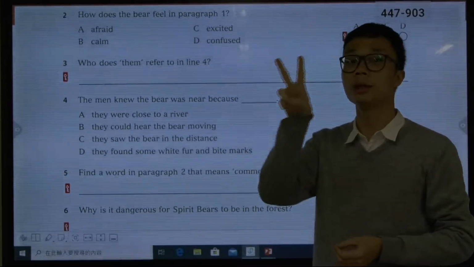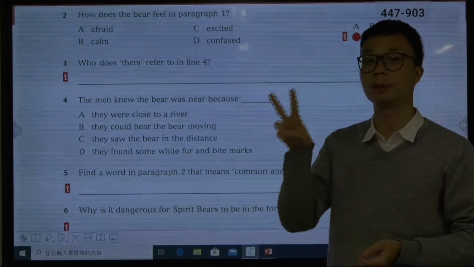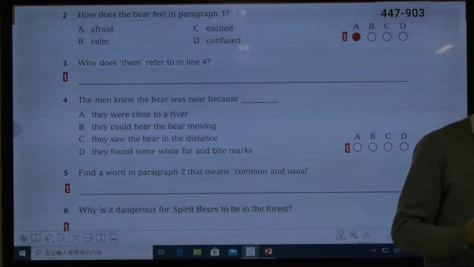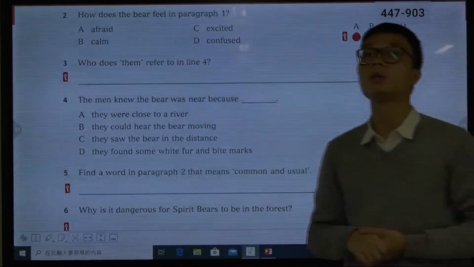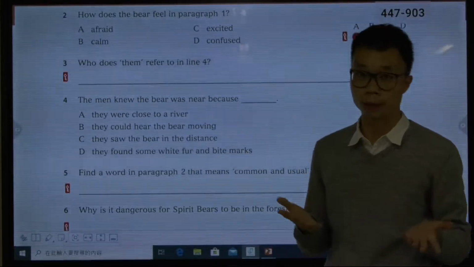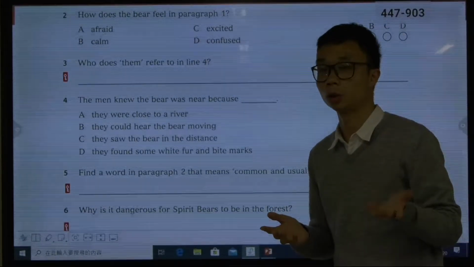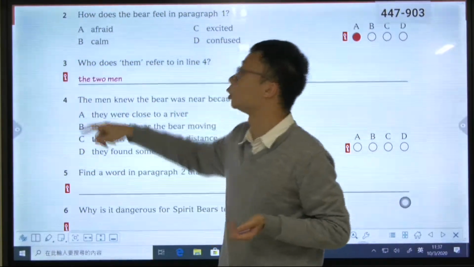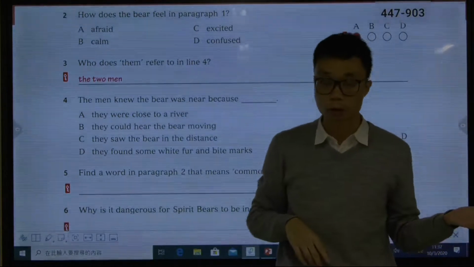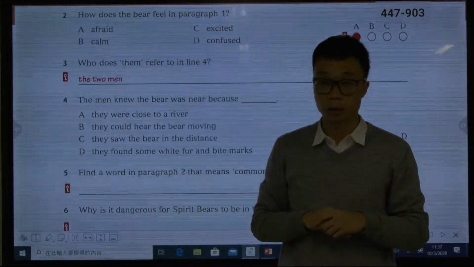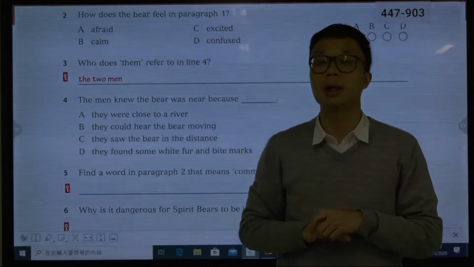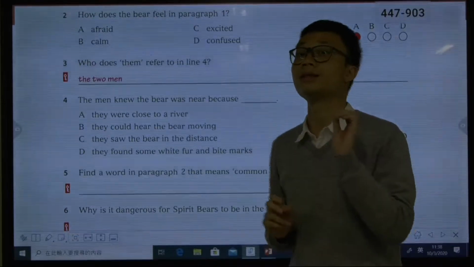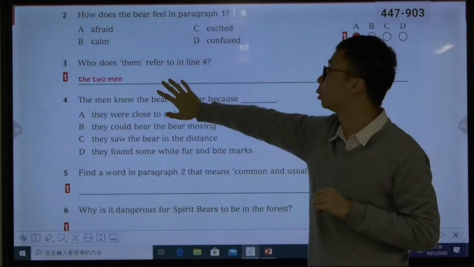So it's two people or more, right? Then we go down and find that they're talking about the two men, one younger and one older. The text gives you the answer, the two men, but you can also answer it in a clear way, just like the book said: the young man and the older man. That's also an acceptable answer.